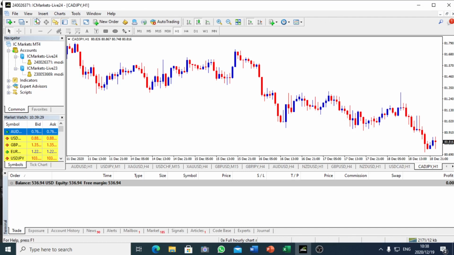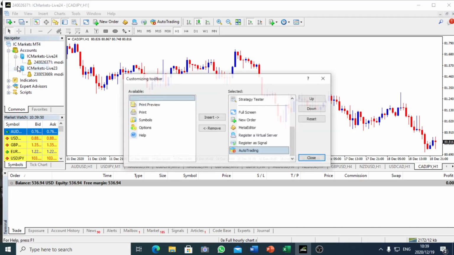On this area, why do we have this? We want to put all these tools here at our disposal, because we want to access them easily. Okay, we'll discuss a few of them. This area right here, as you can see, you can customize it and put whatever you want to use, and get rid of what you won't need.